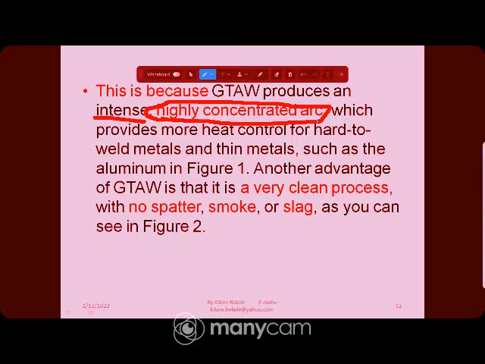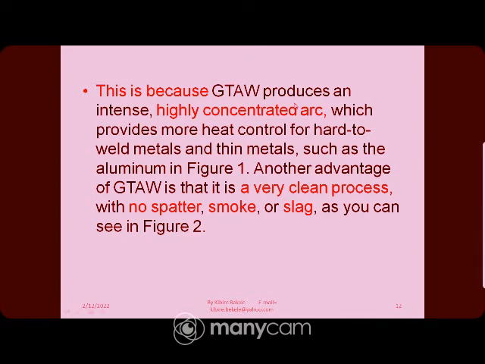So this means it is a highly precise welding process. Simply, we can say it can produce high quality welding.